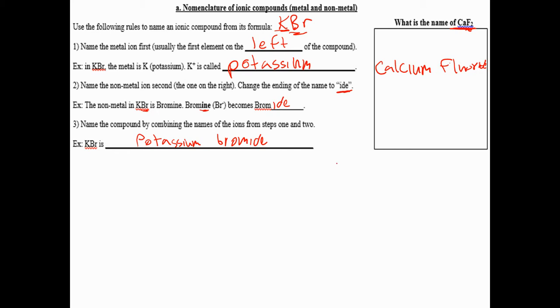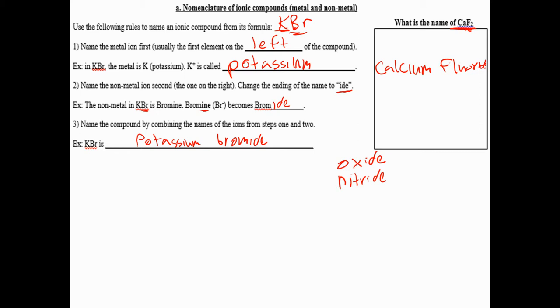Just a few notes to remember. If you're changing the ending of oxygen, that becomes oxide. Nitrogen becomes nitride. They're similar but a bit different, right? Because the way we did it here, you just change INE to IDE. Here, there's no INE. It's oxygen, so it doesn't become oxygenide, it becomes oxide.